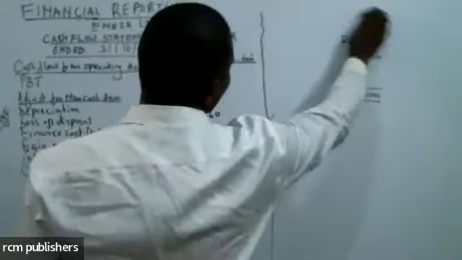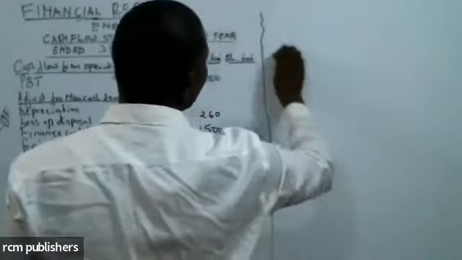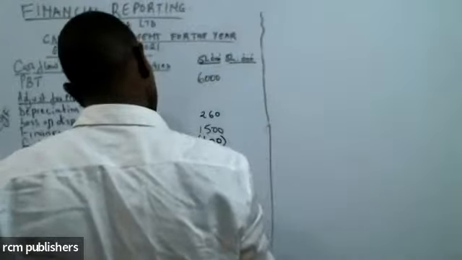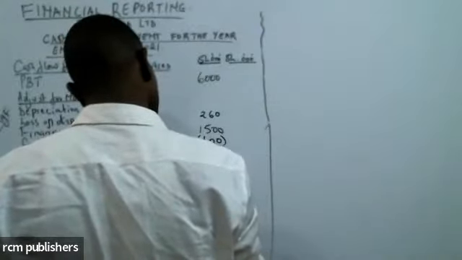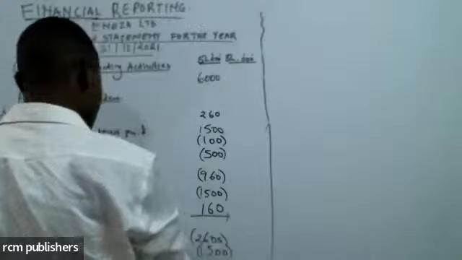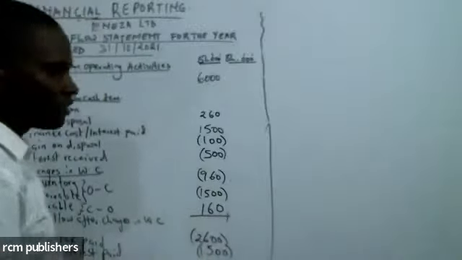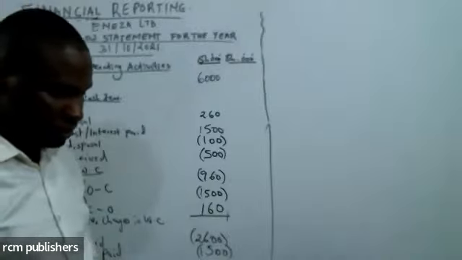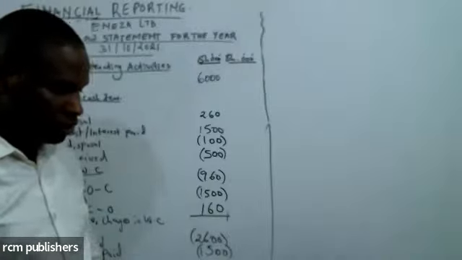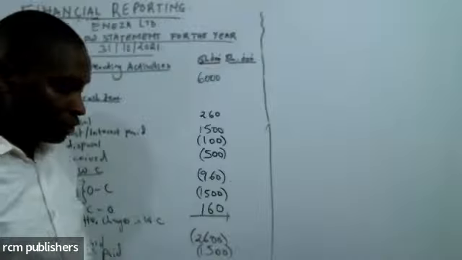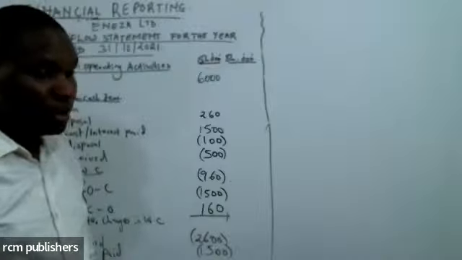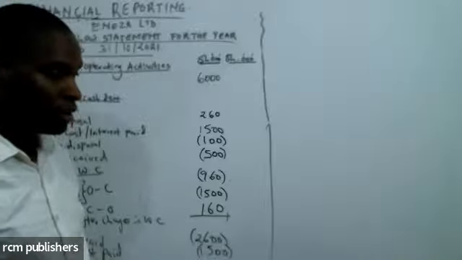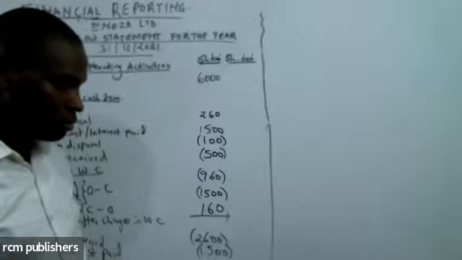Let's move to the next part. Or should I move to getting the position so that we finish up this part? Let's compute our depreciation so that we finish up this part. Once we are through with this part, it will be okay. So, depreciation, I expect to get from the PPE section.